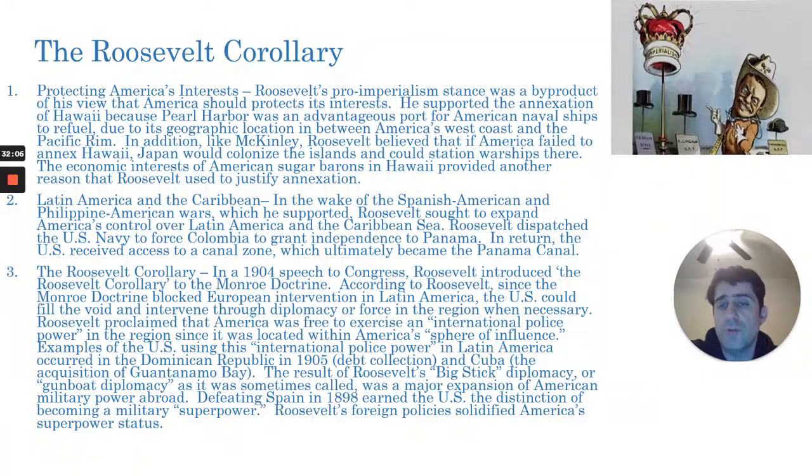After those two wars were over, Roosevelt sought to expand America's control over Latin America and the Caribbean Sea. He did this by dispatching the U.S. Navy to force Colombia to grant independence to Panama.